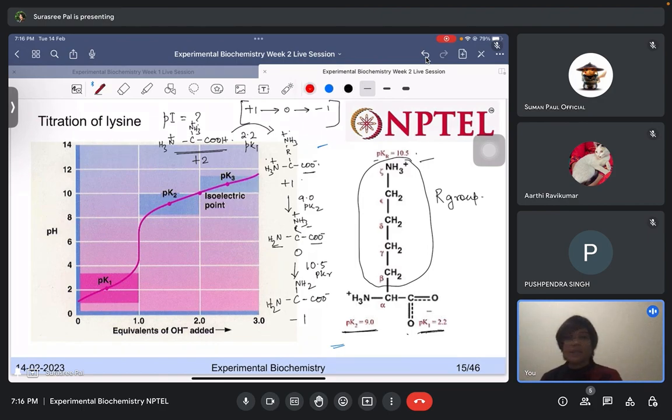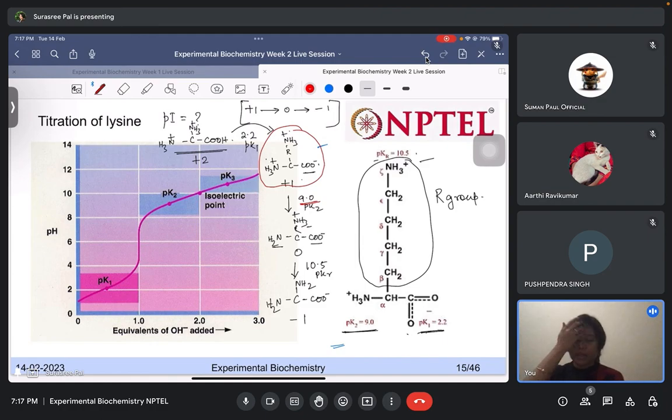So when is the molecule in a +1 state? Here, right? That is the +1 charge state of the molecule, lysine. So the pKa, or the pK2, which is responsible for the change from +1 to 0, is 9, right?